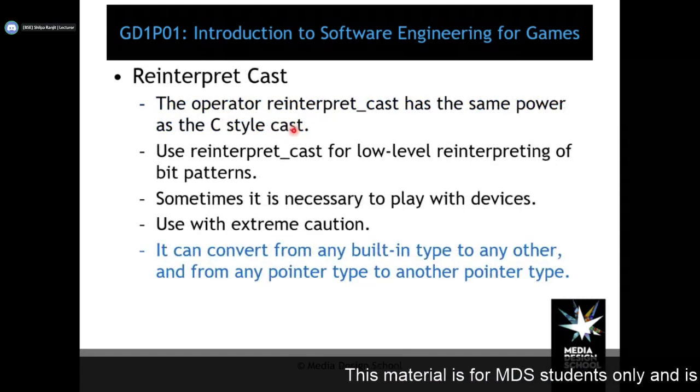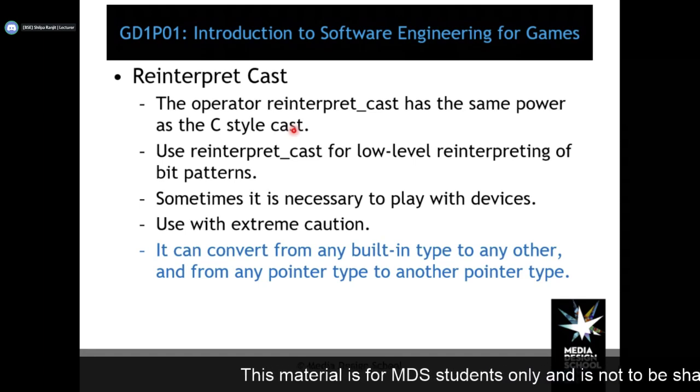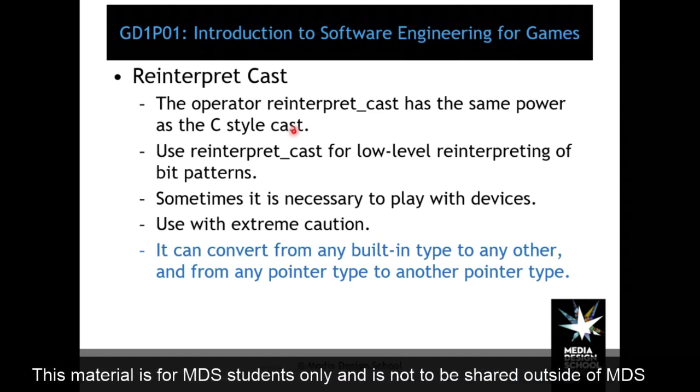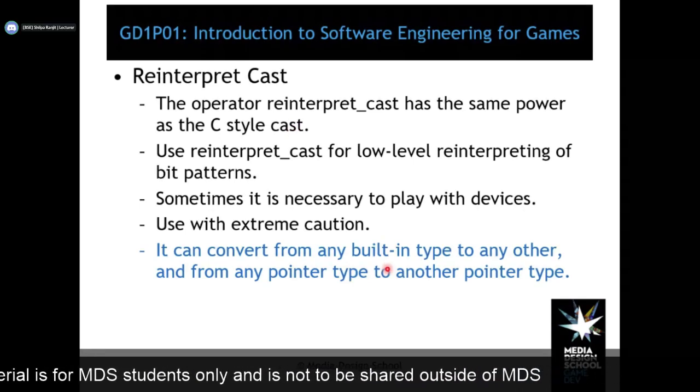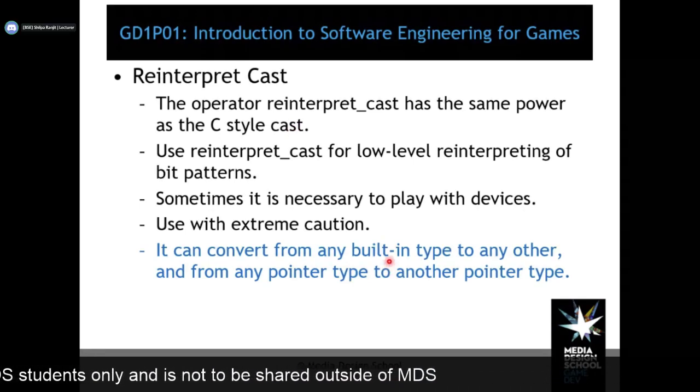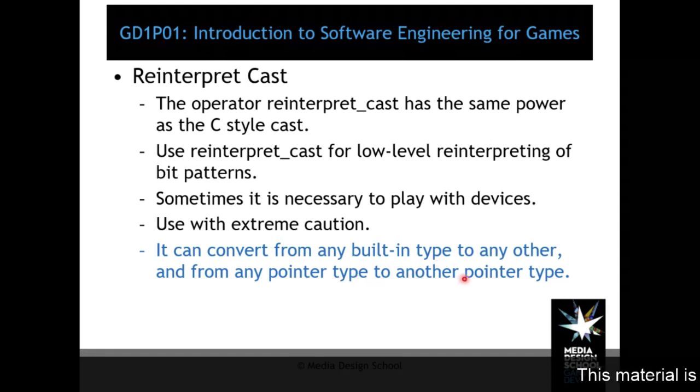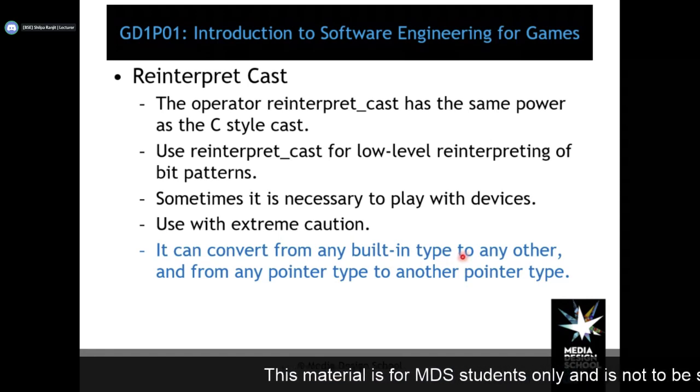So coming to reinterpret cast. The reinterpret cast will help you to convert from any type to any type. All right. That is, it basically plays from the low level. It basically plays from the bit level. So it converts from any built-in type to any other built-in type, from any pointer type to any other. So this helps you to do any sort of conversion from anything to any other possible thing.